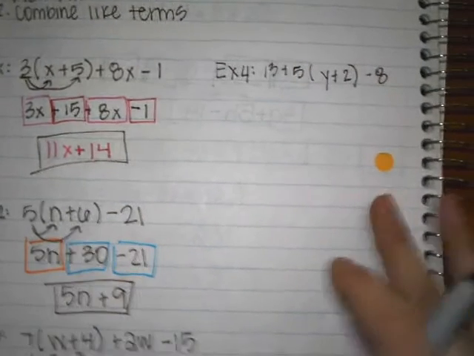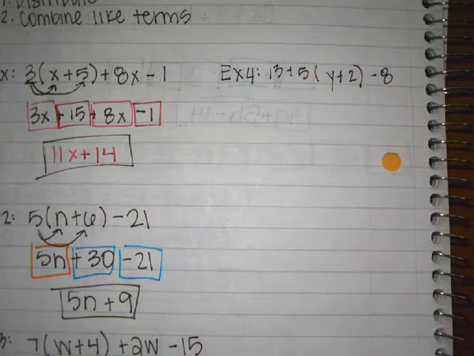Okay, so here's example 4. I already wrote it down. It says 13 plus 5, then it says parentheses y plus 2 minus 8. This one looks a little different, right, guys? So the question is what am I going to distribute? Remember, I always distribute the number that is being multiplied by the parentheses.